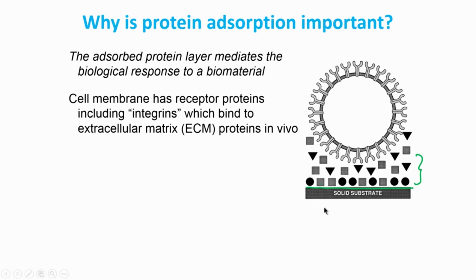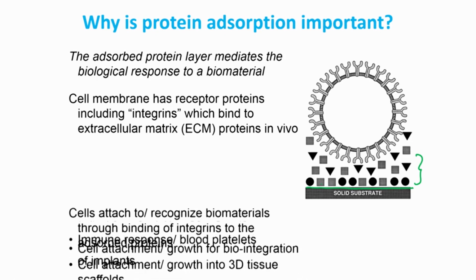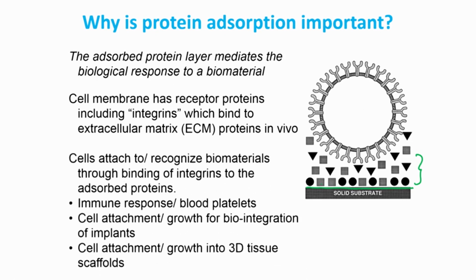So the cell membrane has receptor proteins including integrins which bind to several of these proteins that are found in the serum, and that is how they will attach to the surface, that is how they will start functioning on that surface. And so the cells that attach will recognize these biomaterials through these integrin molecules.